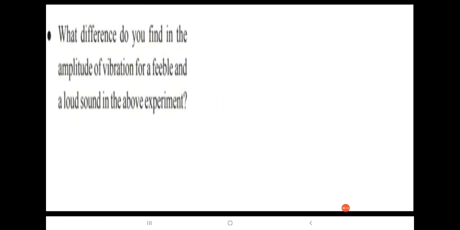Now, what difference do you find in the amplitude of vibration for a feeble and a loud sound in this experiment?